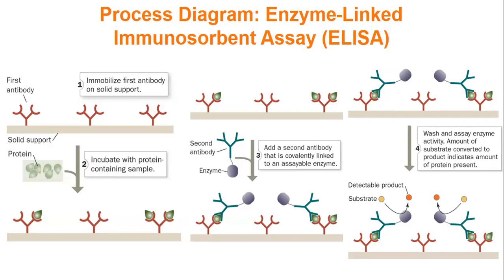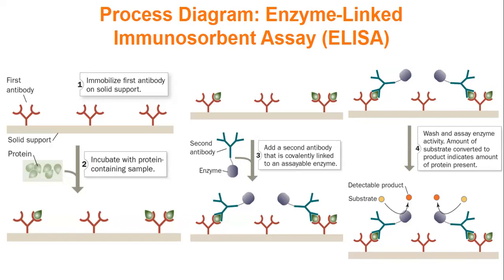So let's say you did some type of chromatography and you have a test tube full of protein. Usually that is not good enough to say that that test tube has your protein.